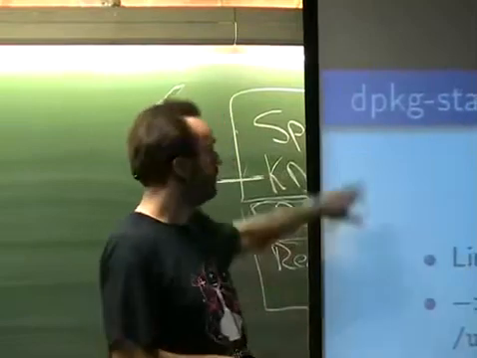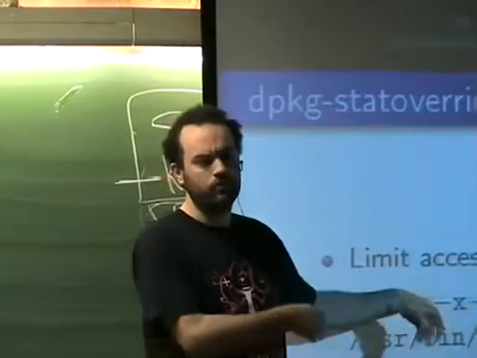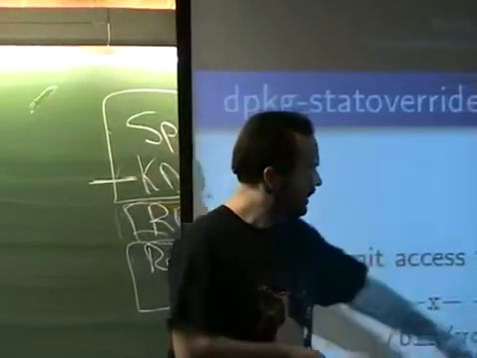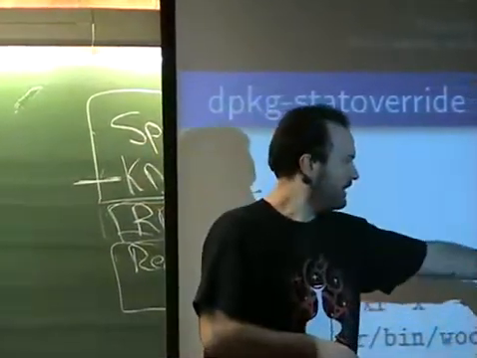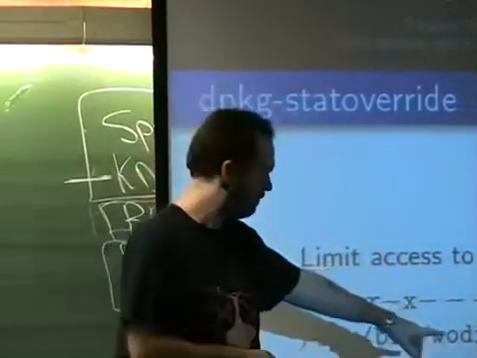Instead, what you can do is use dpkg-statoverride in this way. So you just say, we wish to override. Dash update is just the way to say, if you have something created, change it. If you don't, create it. Then we have add, and then we say root cdwriters. Sorry, my slight mistake.